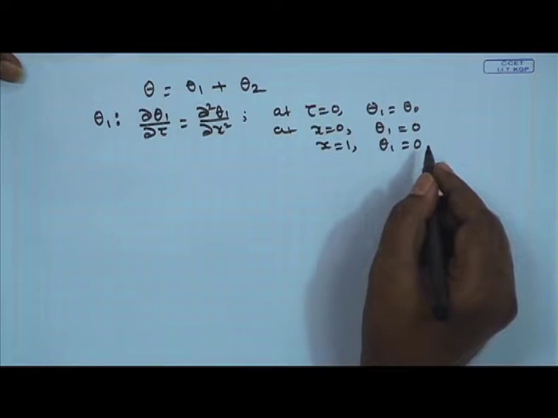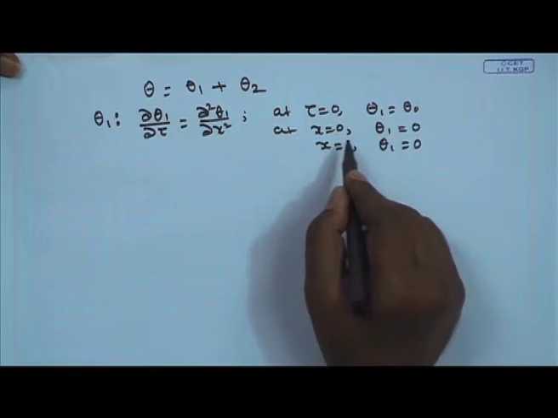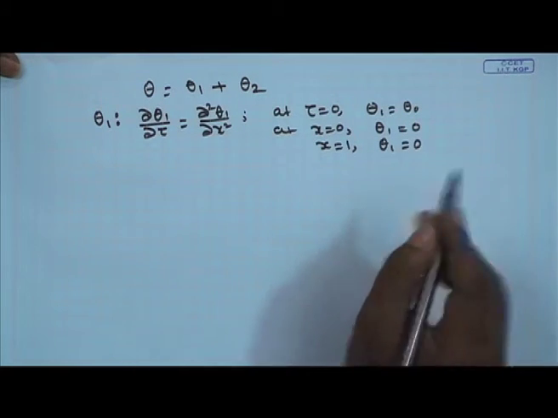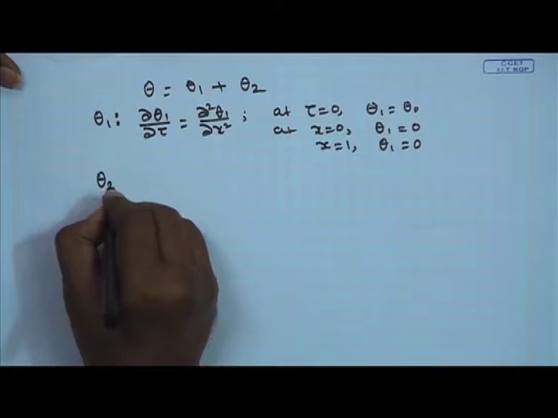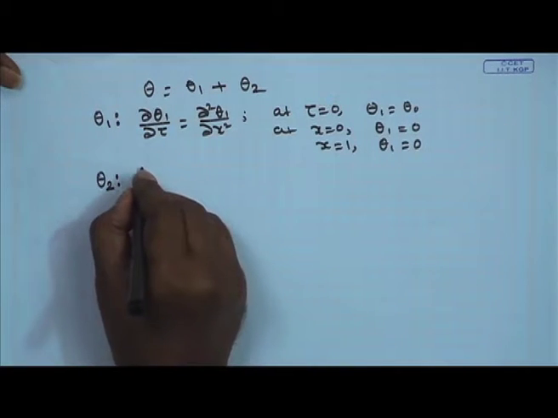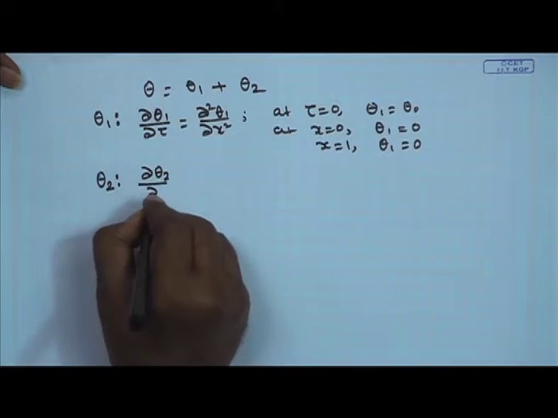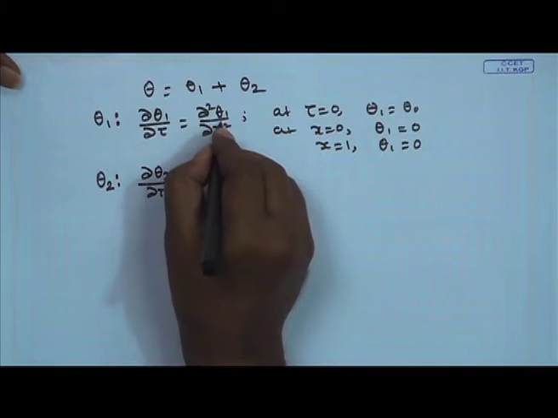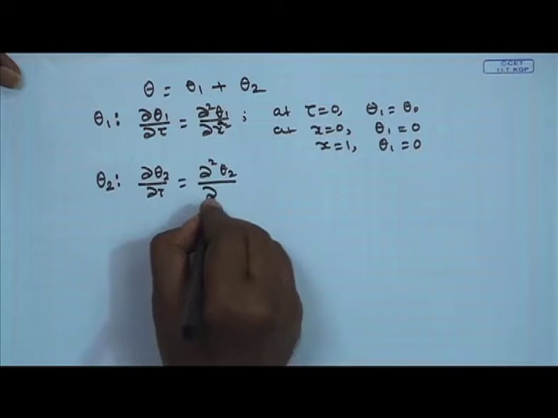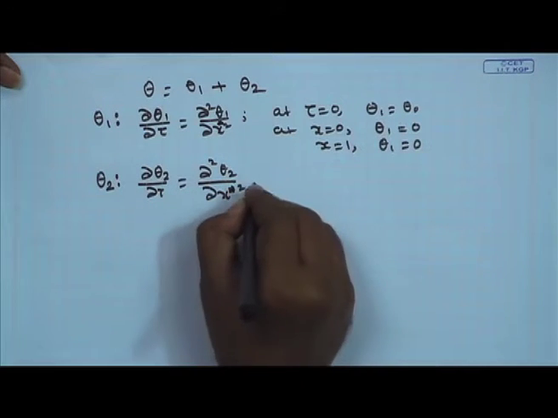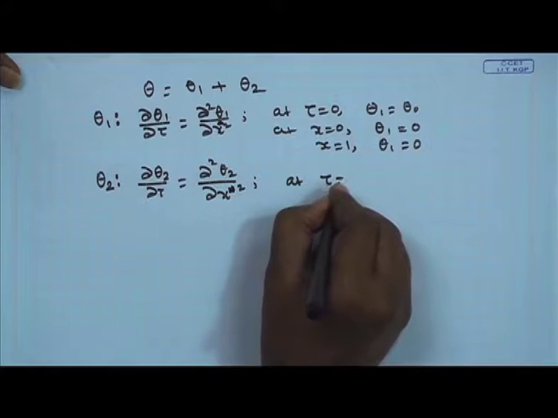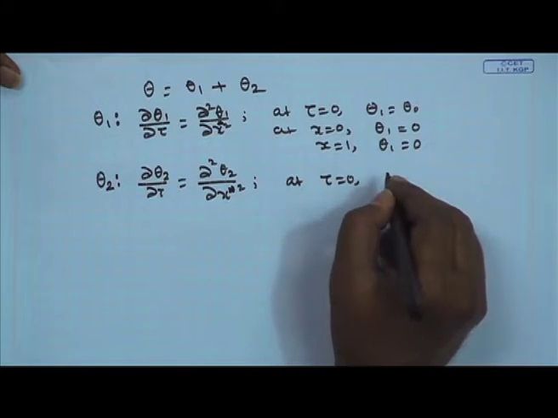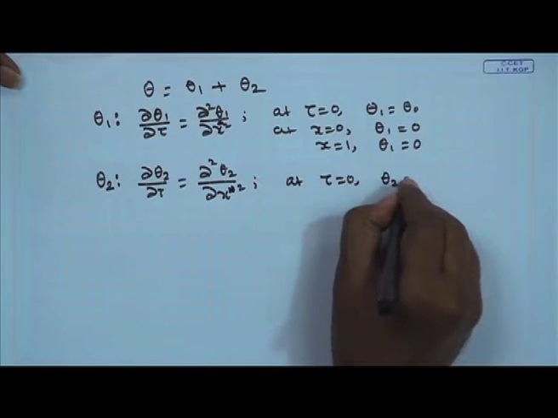So, I force the non-homogeneity present at the boundary x star equal to 0 to be 0, considering one non-homogeneity at a time. Similarly, I define the sub problem theta 2 as del theta 2 del tau is equal to del square theta 2 del x star square, and at tau is equal to 0, I force this non-homogeneity to vanish, so theta 2 equal to 0.